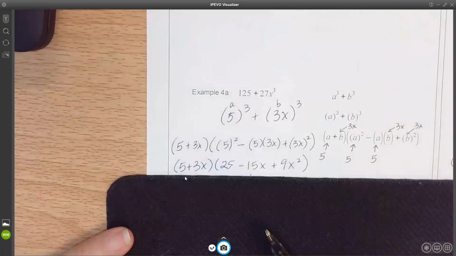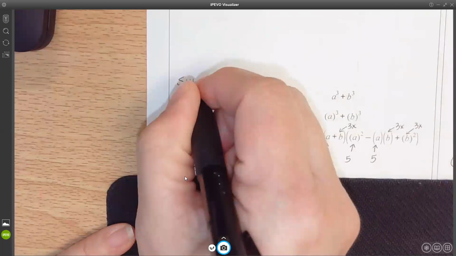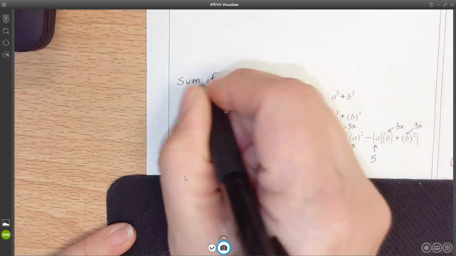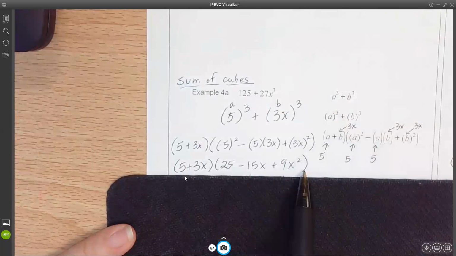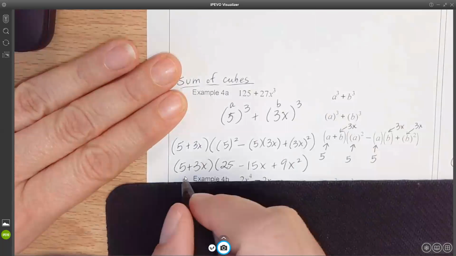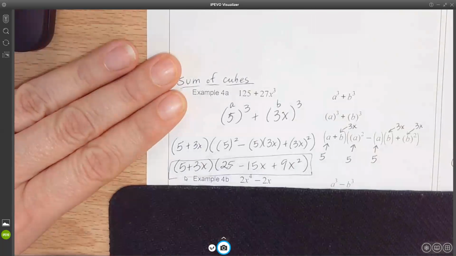Whenever you factor a sum of cubes or a difference of cubes, the trinomial that you get cannot be factored. So you just plug it into the pattern and we're finished with that.